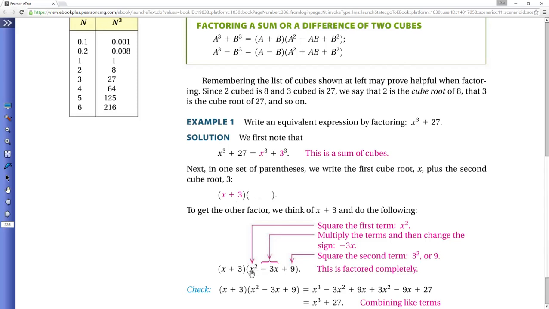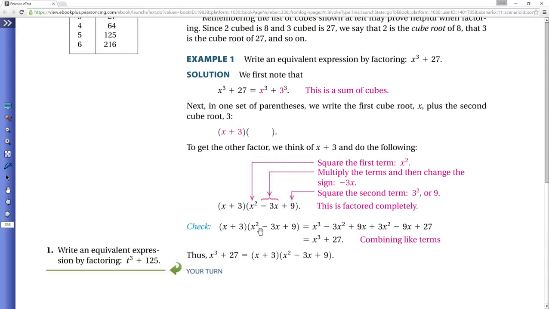And then I take the x and I square it, I subtract the multiplication of these two, 3 times x, or x times 3, changing the sign, and then here you have 3 squared. When we check this, which you should do all the time, if I multiply back, I actually get the original polynomial, x cubed plus 27.